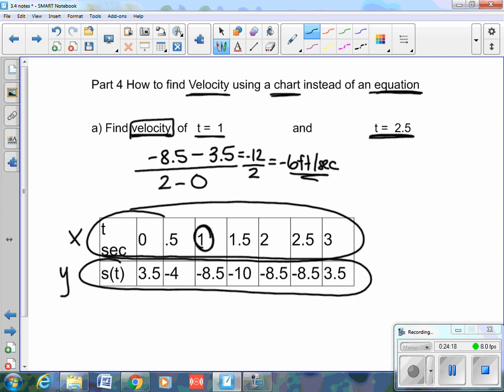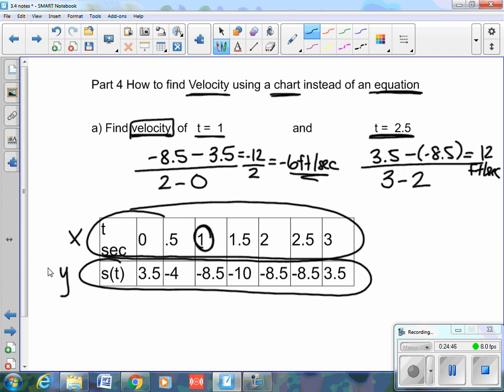So, if they ask you to find the velocity or the slope at 2.5, you only have one set of points to use. The x's go on the bottom, 3 take away 2. The y's go on the top, 3.5 take away negative 8.5, which ends up being a positive 12 feet per second.